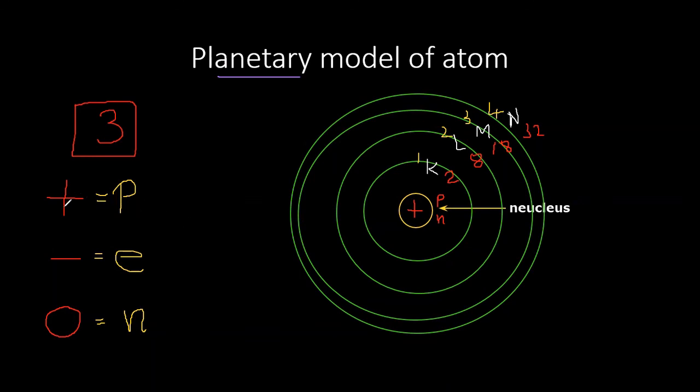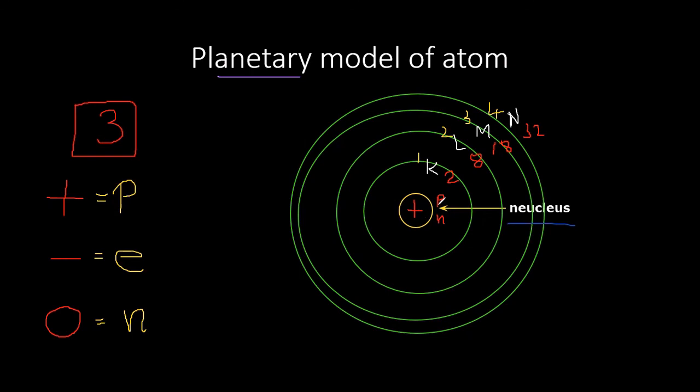Positively charged particles are called protons, negatively charged particles are electrons, and neutral particles are neutrons. And in the atom, the small area in the middle is called the nucleus. In the nucleus, positively charged protons and neutral neutrons are there.